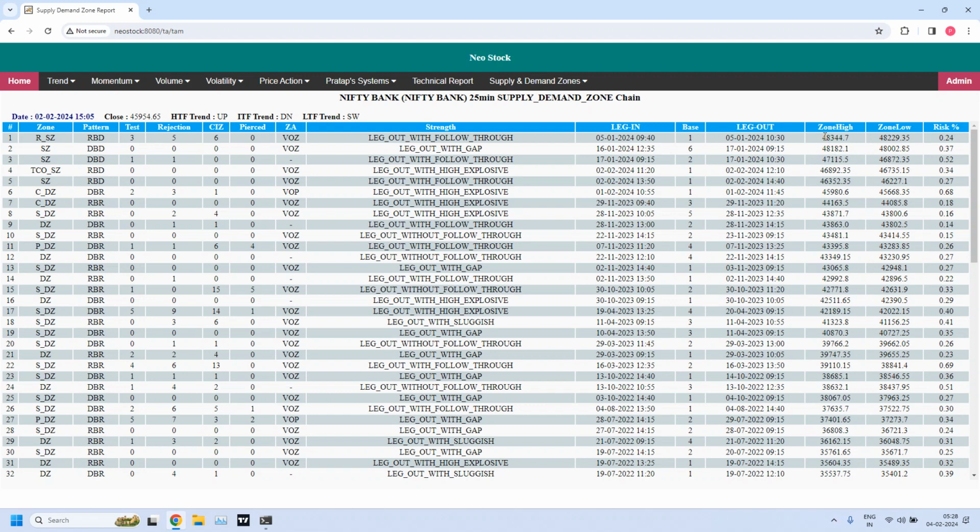But this 25-minute high liquidity supply zone is not letting it. See, already 3 tests and 5 rejections. So maybe we can say currently Nifty is moving between these 2 levels. But we will see in 15 and 5 minutes also. That even brings more clarity for the recent levels.